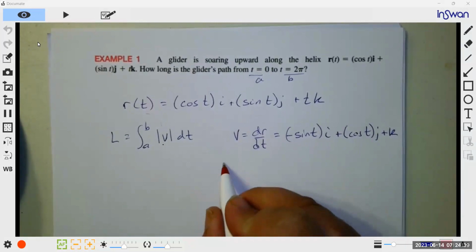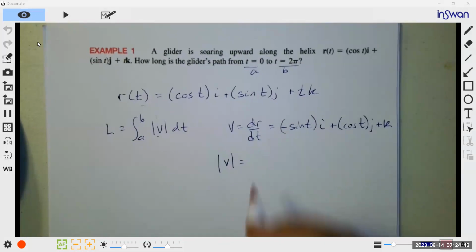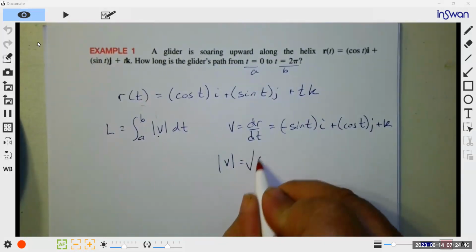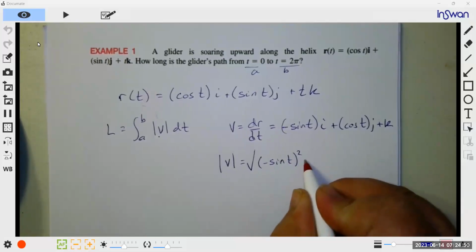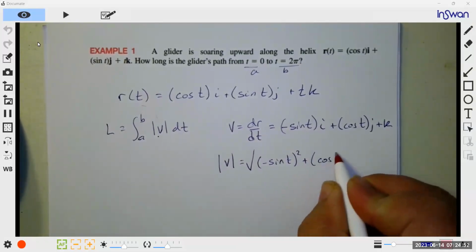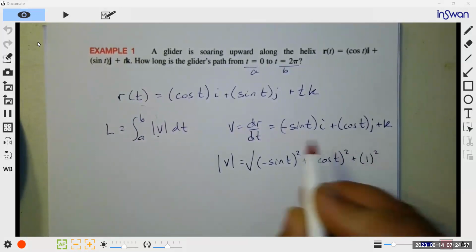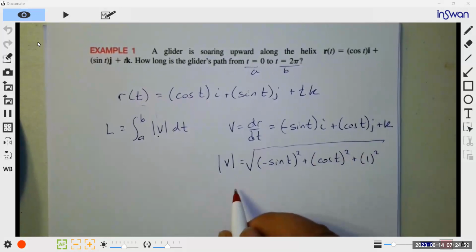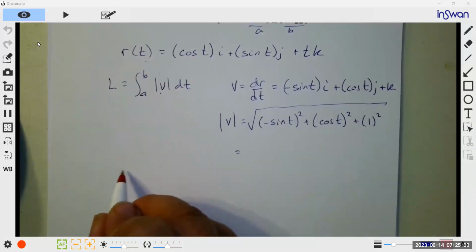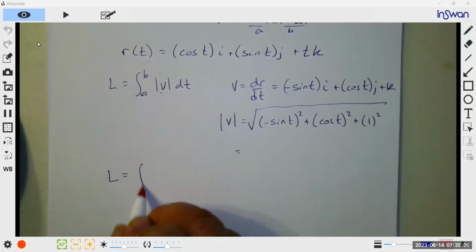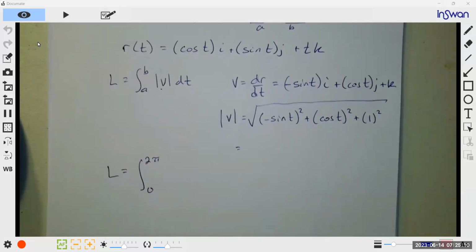Now we have to find the magnitude: negative sine t squared plus cosine t squared plus 1 squared. So our length goes from 0 to 2 pi. It's 1 complete revolution.